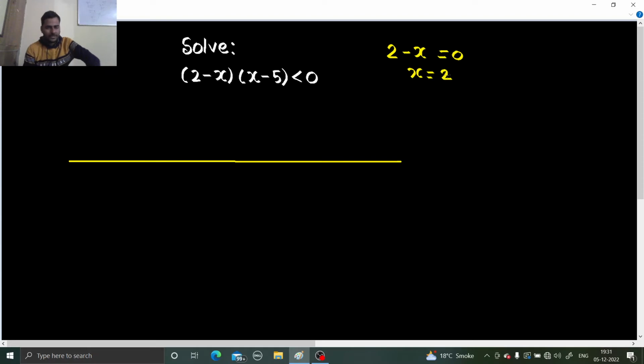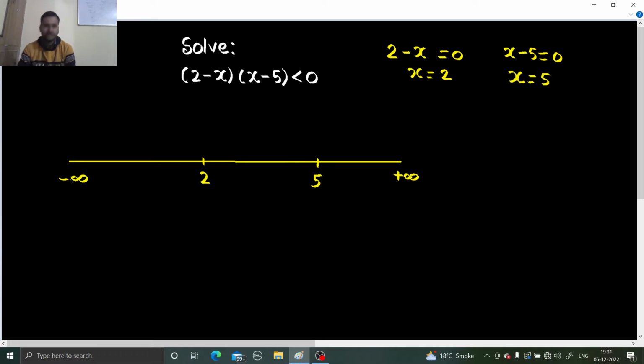So where is 2 on the number line? Let's plot it somewhere here. If you equate the second portion to 0, you easily get 5 as the value of x. So let's plot that 5 here. As you already know, the other two endpoints are plus infinity and minus infinity.